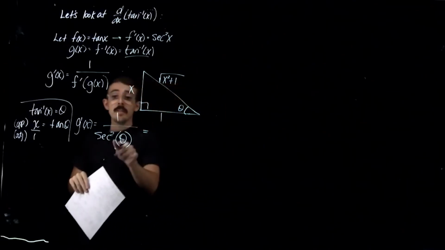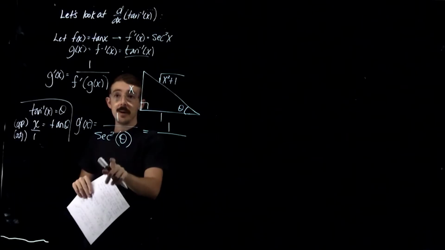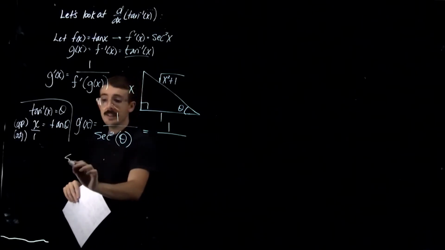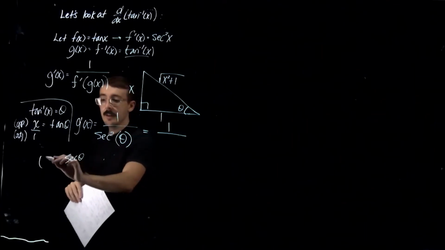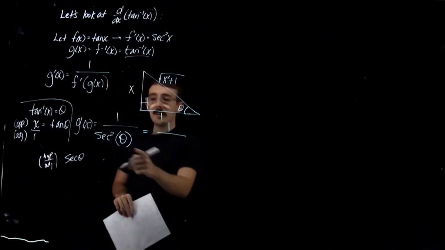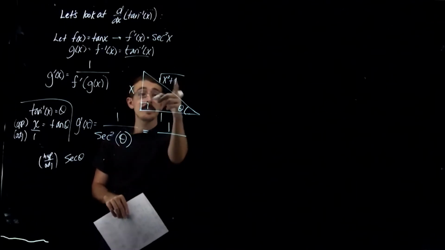So we know that cosine is adjacent over hypotenuse. So that means secant theta is going to be hypotenuse over adjacent, right? So for secant squared, I'm going to need hypotenuse squared, which is this one.